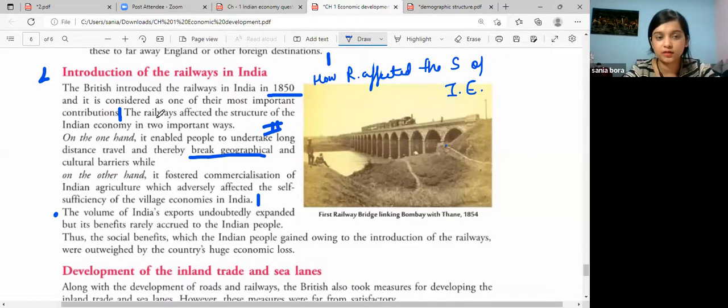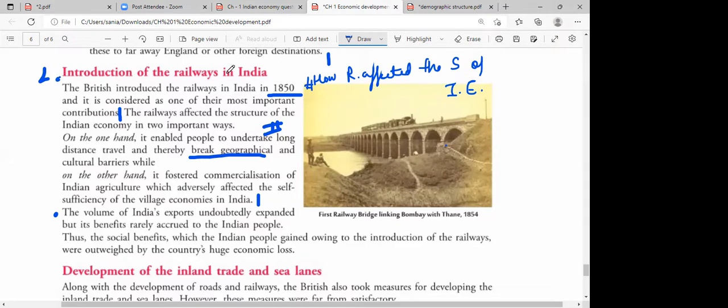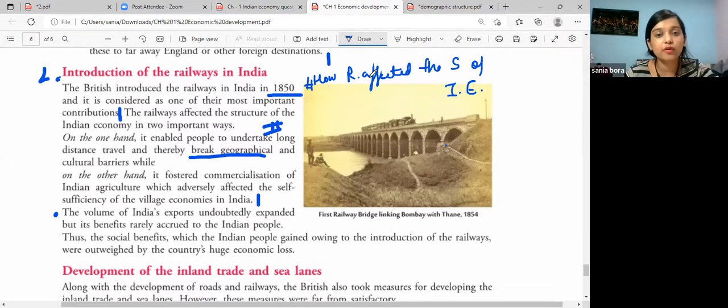Just write it down and I'll write the question over there. First you are going to write introduction. Second, introduction of Indian Railway. Till here you have to write, and after that you have to write a hashtag, and then you have to start from here. Clear?